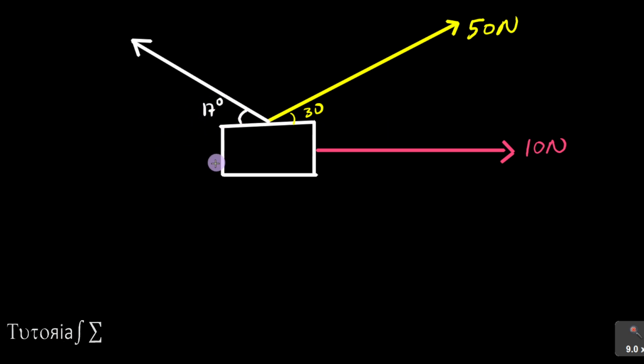And then we'll put one more student pulling down like that. Suppose this angle here makes 90 degrees with the horizontal like that.